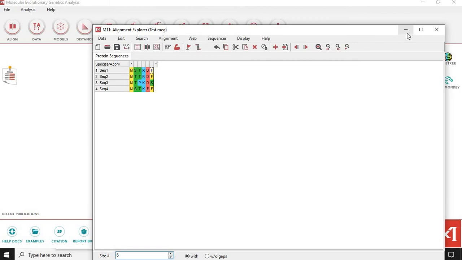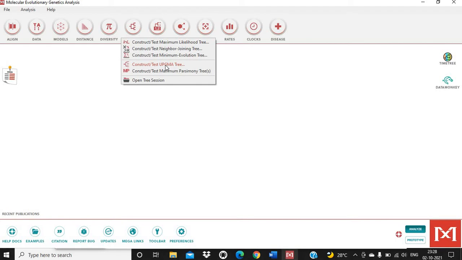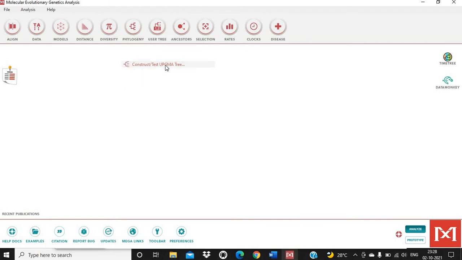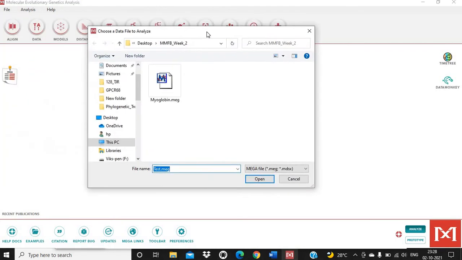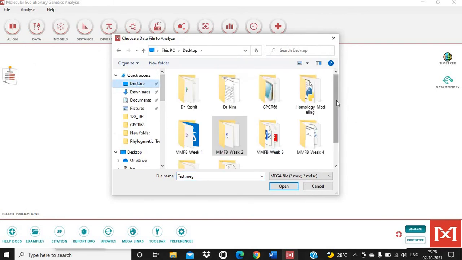And now when we have this test.meg file saved, we can construct the tree. In order to construct a tree, you have to click on Phylogenetic, and here construct and test UPGMA. For this you have to open the MEG file.